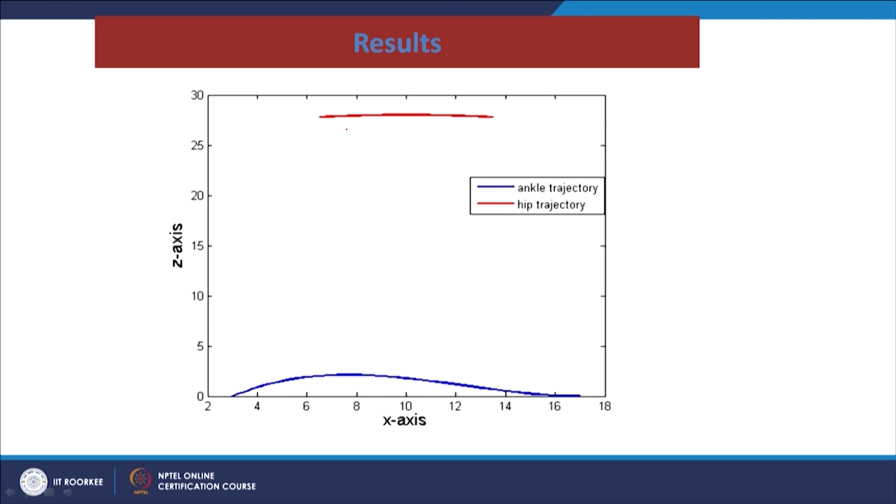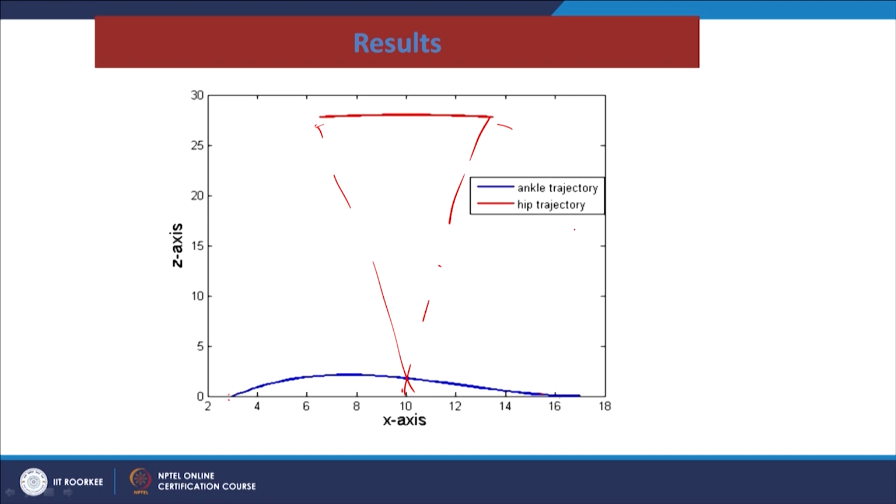It is a circular trajectory with center at this point and radius given by the total length of the legs, L1 plus L2, and the ankle moves from 3 to 17. During the same time the hip is moving from this position to this position in a circular path.